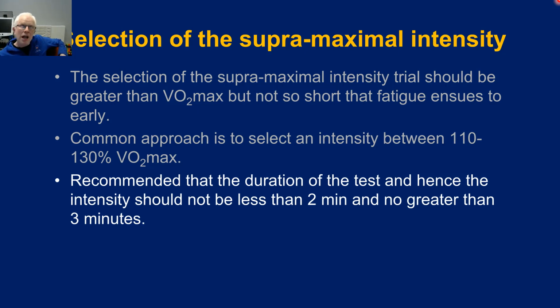So anything shorter than that, you've probably not had enough time to really tax the anaerobic capacity. Anything longer than 3 minutes, it's starting to become quite aerobic. It's quite difficult to separate them out. And longer than 3 minutes probably suggests that you're close to VO2 max, which is aerobic, and so you're not generating a big enough deficit to be able to record the anaerobic capacity.